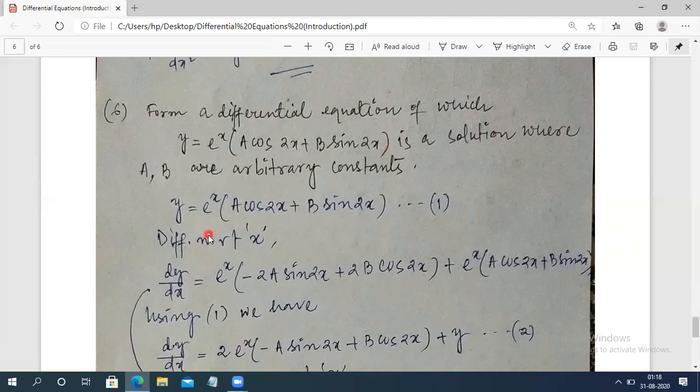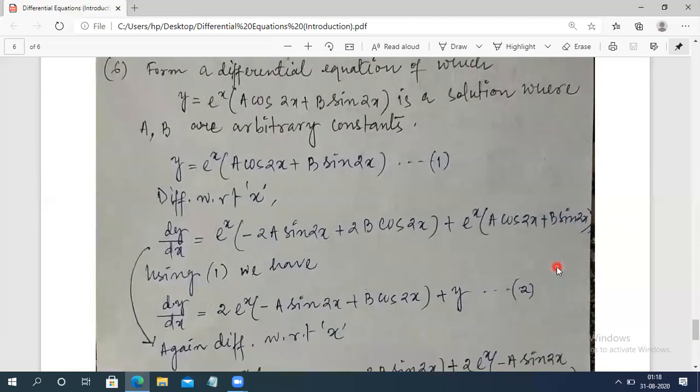So first you differentiate with respect to x by the product formula. We'll get dy/dx is equal to e to the power x (minus 2a sin 2x plus 2b cos 2x) plus e to the power x (a cos 2x plus b sin 2x).